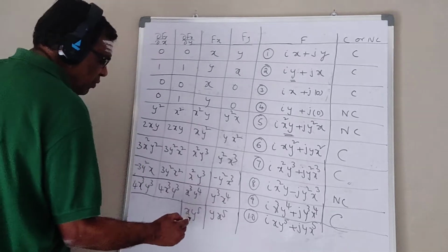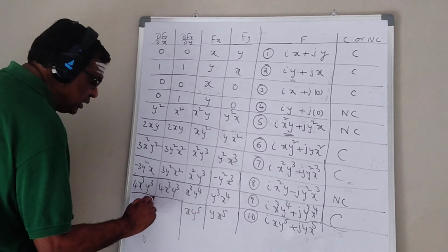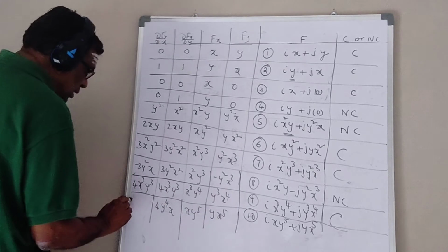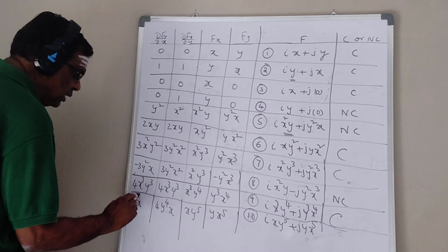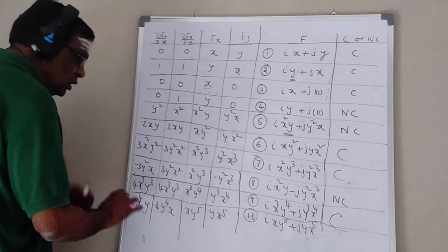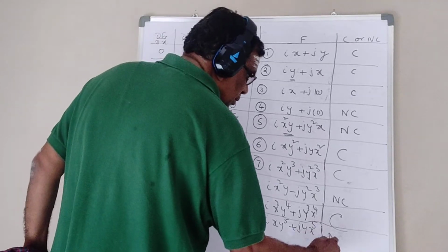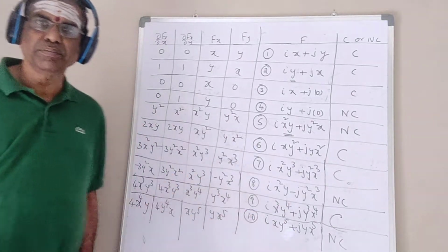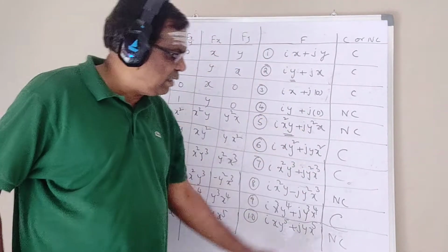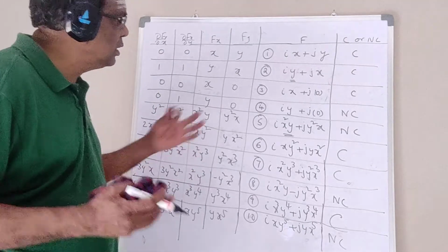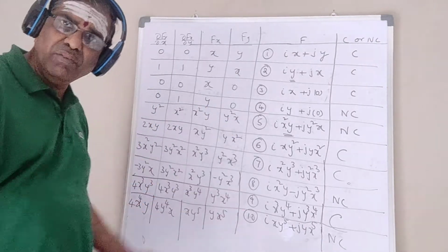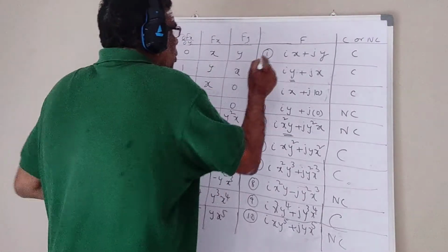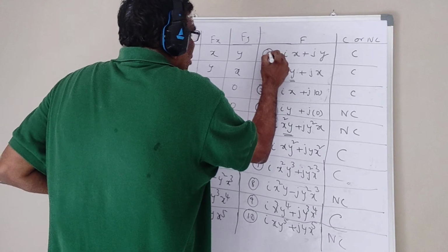Now fx with respect to y is 4y raised to 4 x, and this is 4x raised to 4 y. So these two are not the same, therefore they are non-conservative forces. Whenever they give it in this fashion, you can immediately work out and say this is not. Now, just like that, I'll go to the next case, the 11th.